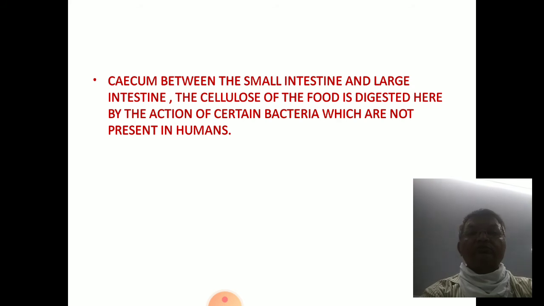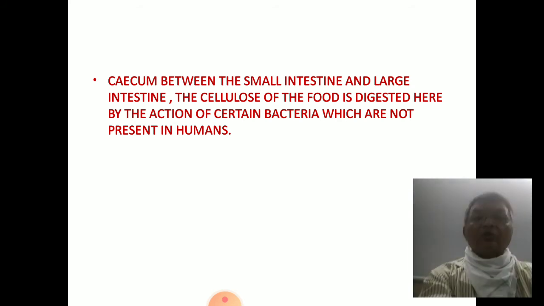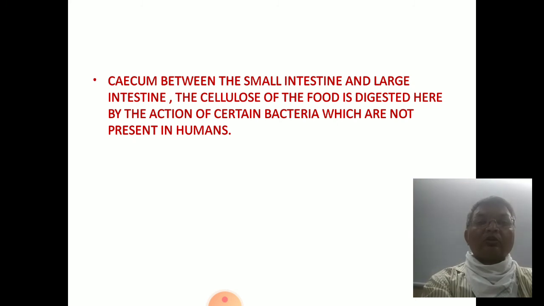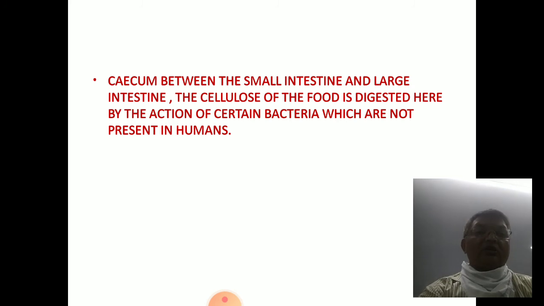Then, in the cecum between the small intestine and large intestine, the cellulose of the food is digested by the action of certain bacteria which are not present in human beings.